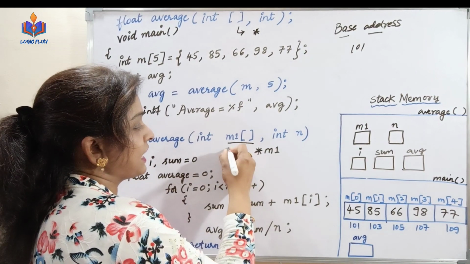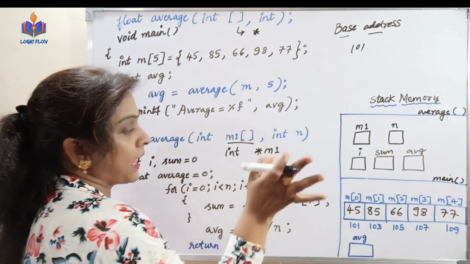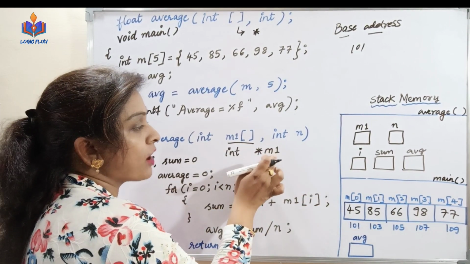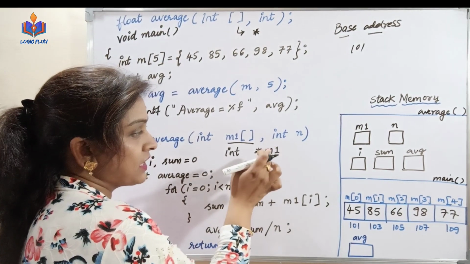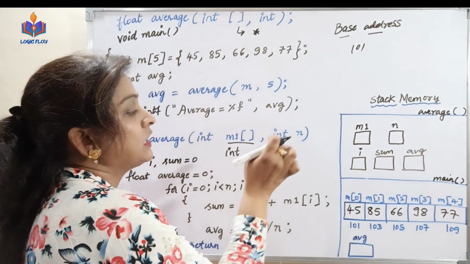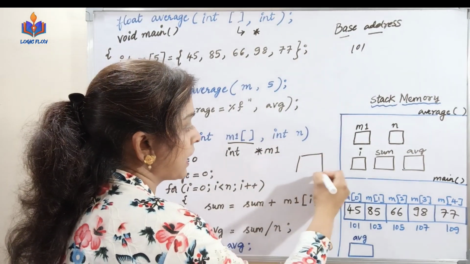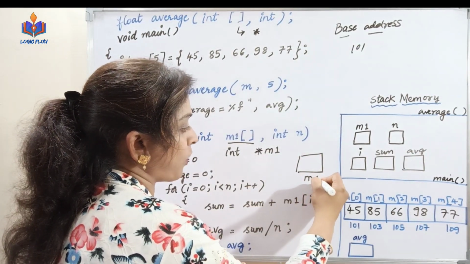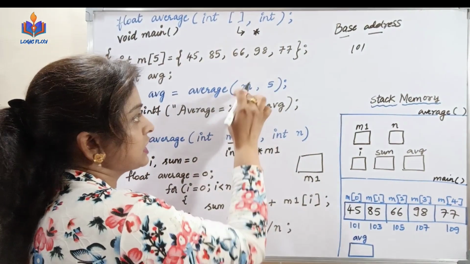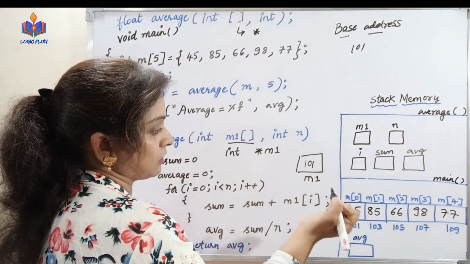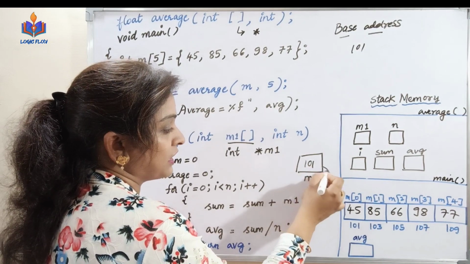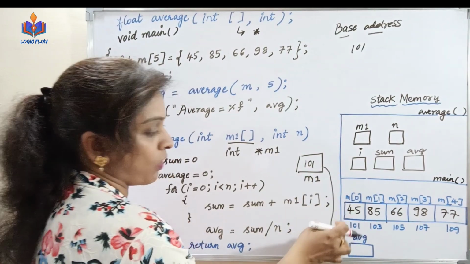It is just like int asterisk M1. So it is a pointer to integer. This pointer will receive that address. M1 will be created as a pointer and that base address will be received here, meaning it is pointing to the location 101.